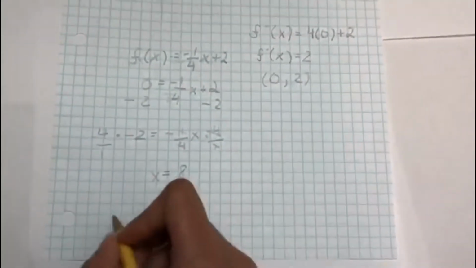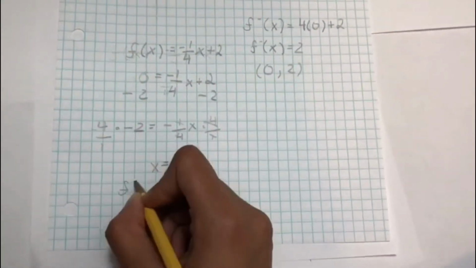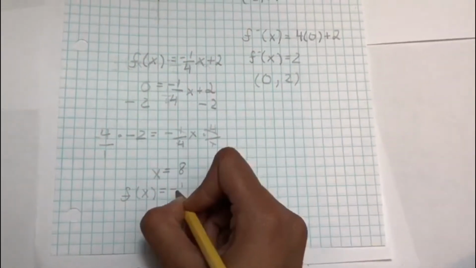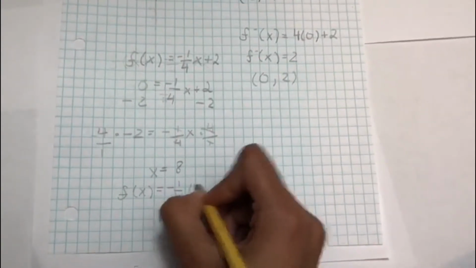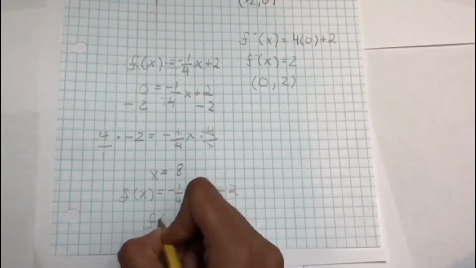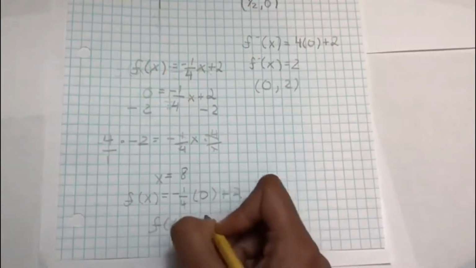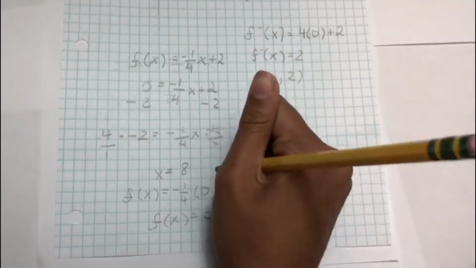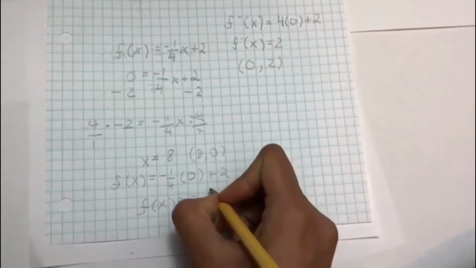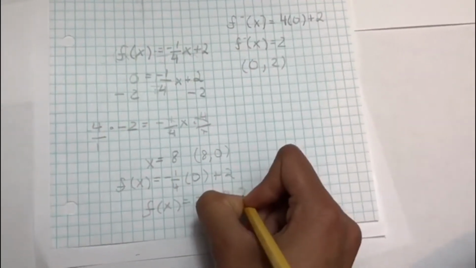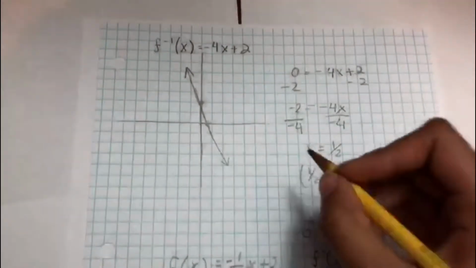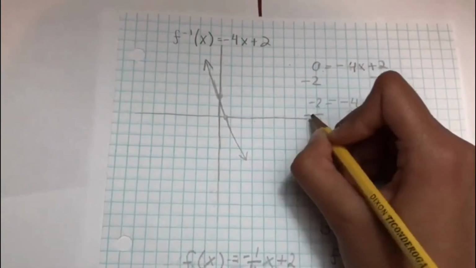If I set x equal to 0, I have f of x equals negative 1/4 times 0 plus 2. This gives me f of x equals 2. Our coordinate points would then be 8, 0, and 0, 2. In order to graph this function, we will plot the points.